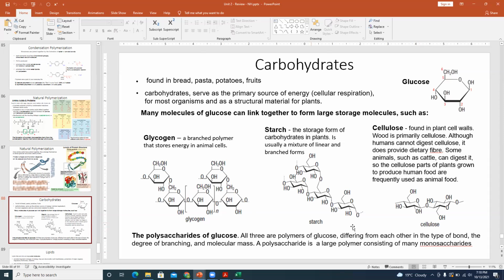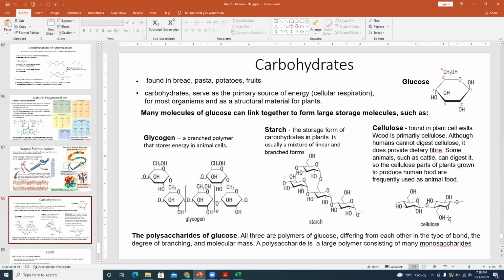So glycogen, starch, and cellulose are another class of polymers, the carbohydrates, the polysaccharides of glucose. All three are polymers of glucose, as you can see from the single units here.